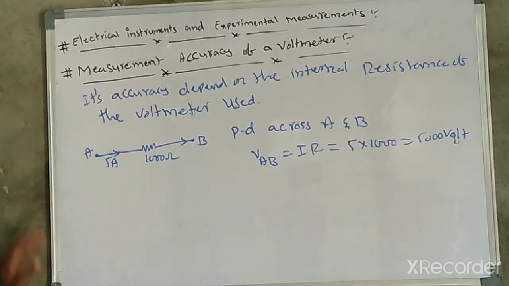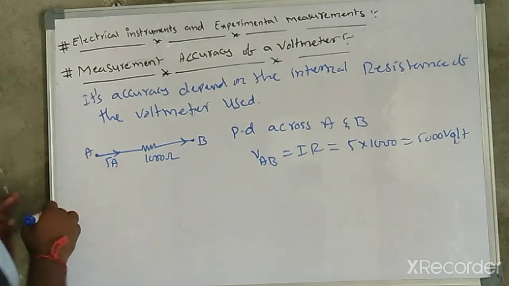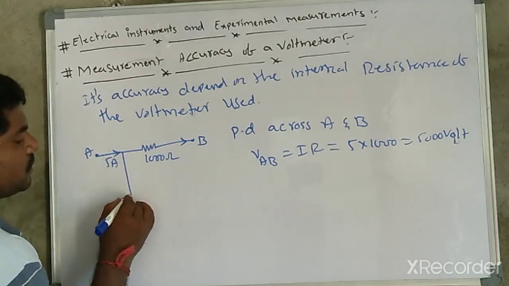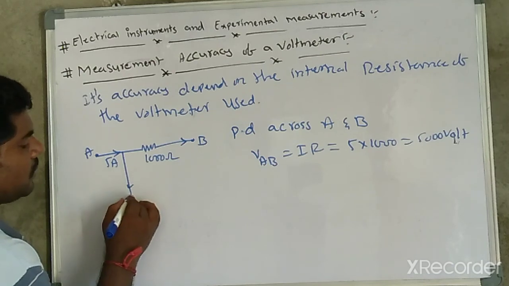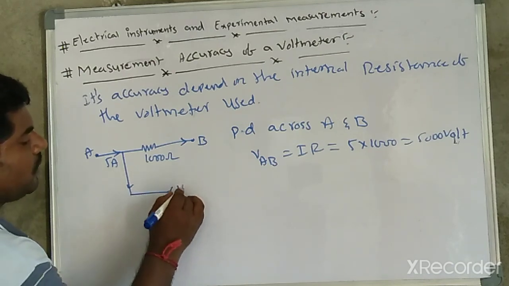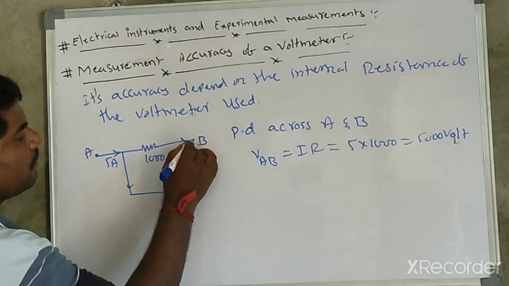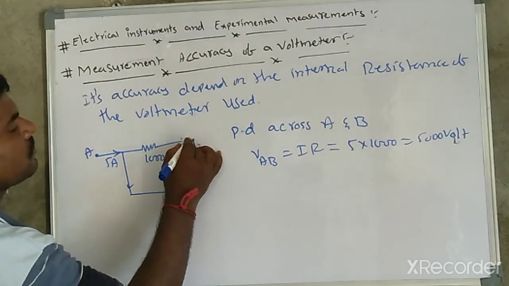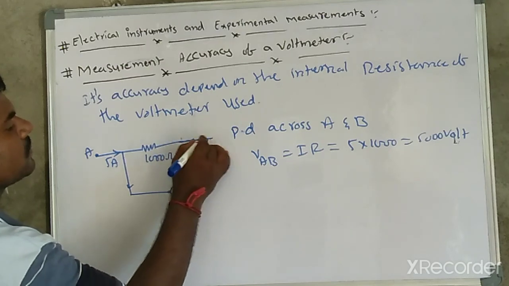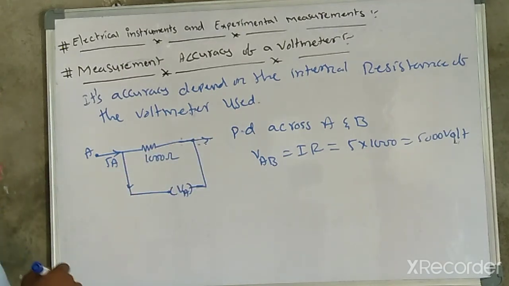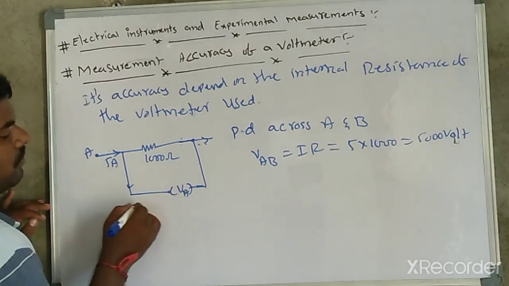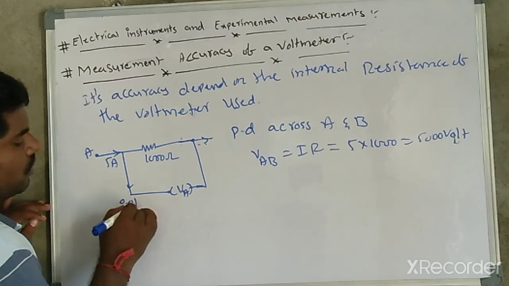So whenever we connect a voltmeter here, connecting it like this, let us consider that the current passing through the voltmeter is 0.01 ampere.